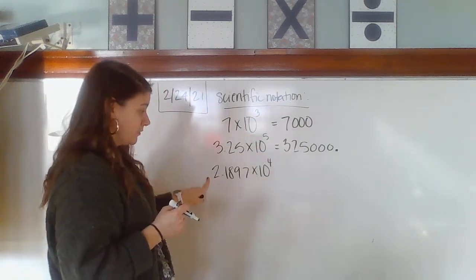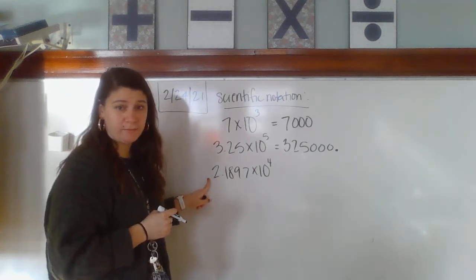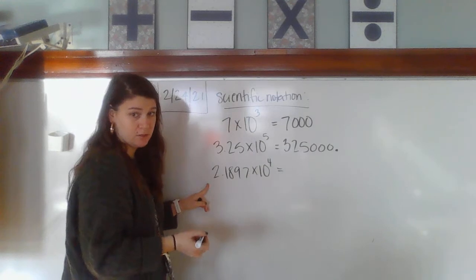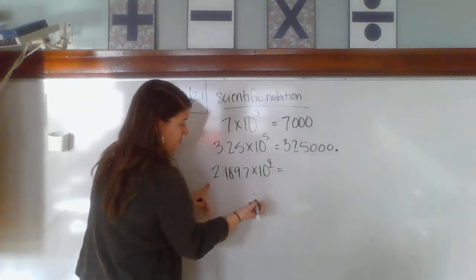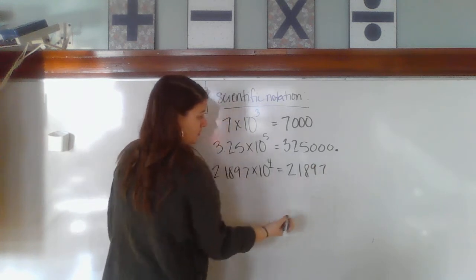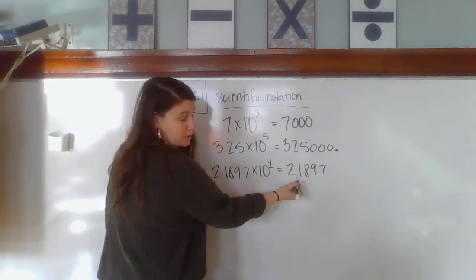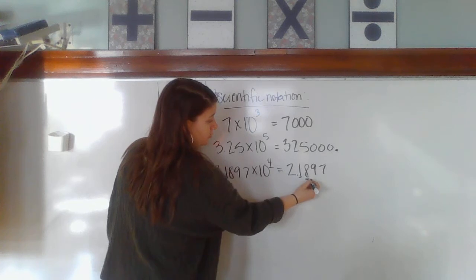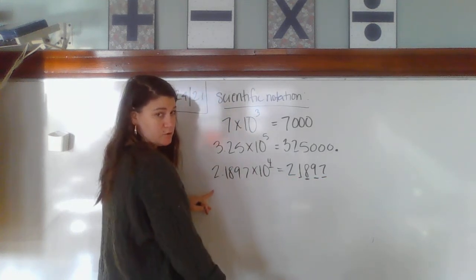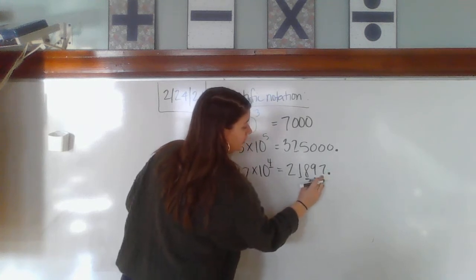Right? So then this one's going to look a little weird because when we actually put this in standard form, there's not going to be any zeros, okay? The exponent is 4, so I'm going to rewrite my coefficient. If this is where my decimal started, between the 2 and the 1, there's 1, 2, 3, 4 places. So I'm going to move my decimal point out from between the 2 and the 1 and put it on the end.